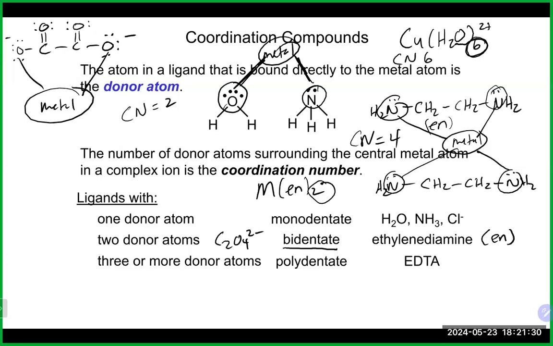Any questions on that? Now, believe it or not, there are some ligands that go 3 or more, and those are sometimes referred to as polydentate. That is EDTA. And EDTA, as we'll see a picture of in just a second, I believe has the ability to bind in 6 places per molecule.